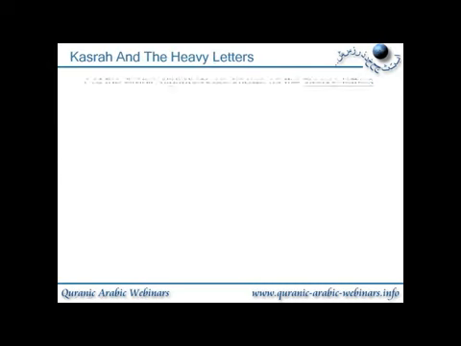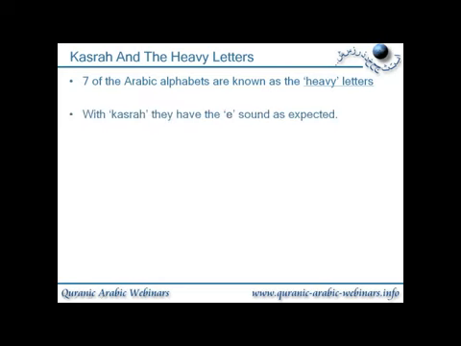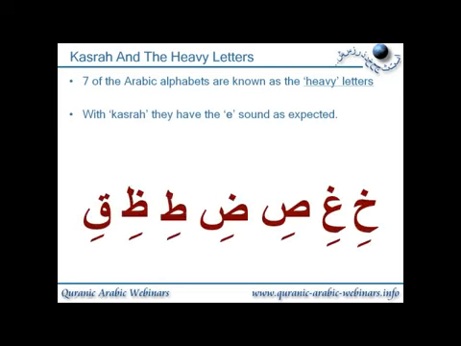Kasrah and the heavy letters. A reminder that 7 of the Arabic alphabet letters are known as heavy letters, i.e. they always behave as heavy letters. They're the tafkhim letters. With Kasrah, they all have the E sound as expected. So let's listen to the pronunciation.